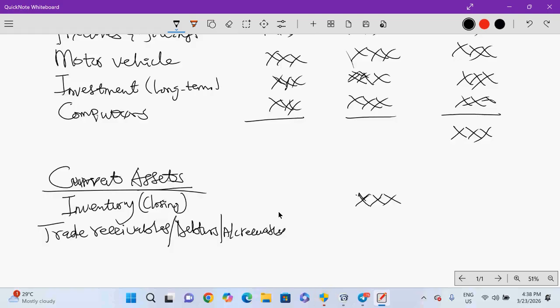Let me do that one as a separate thing. With the trade receivables, when there is bad debt in the additional information, it will affect the trade receivables. But if the bad debt is just in the trial balance, it will not affect the trade receivables.